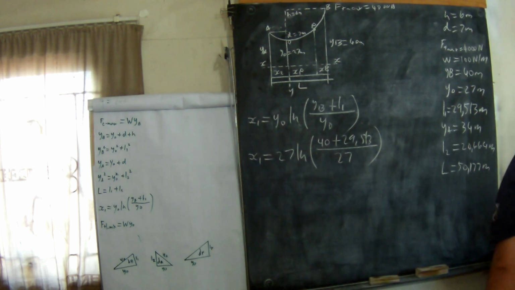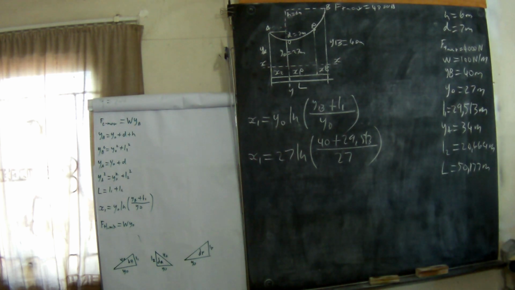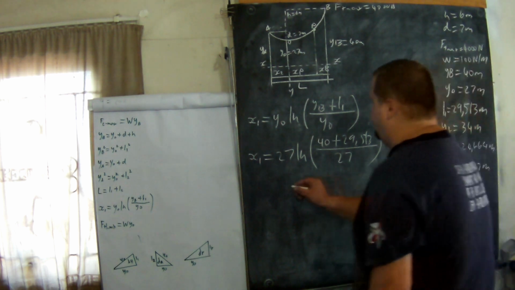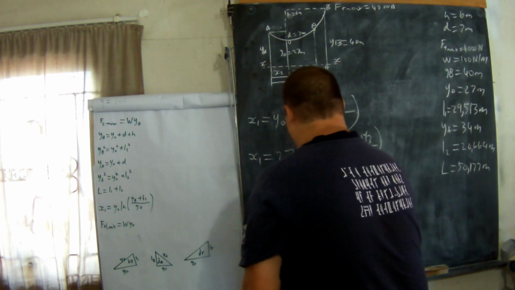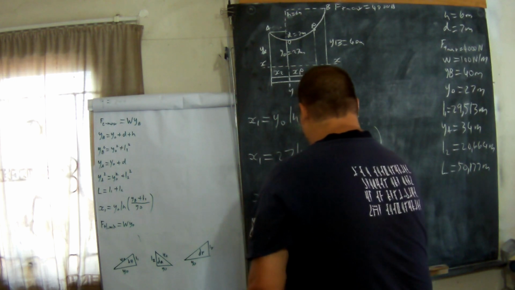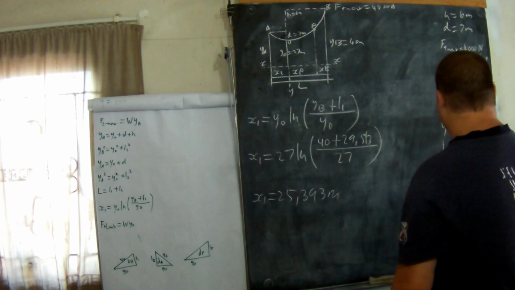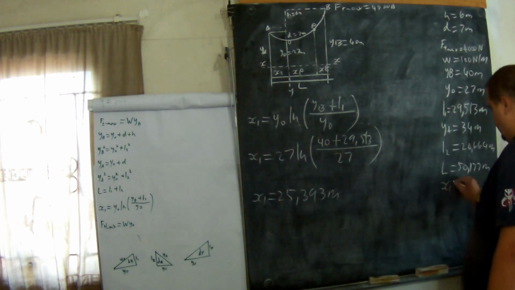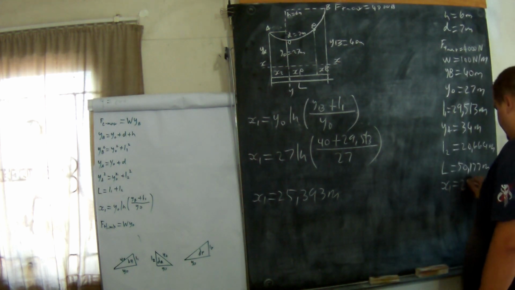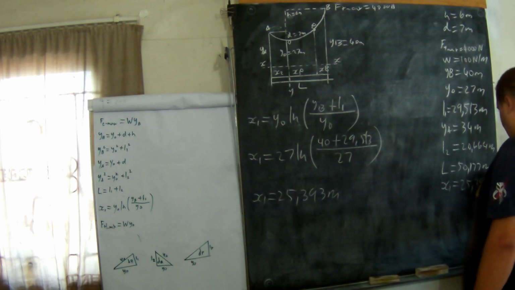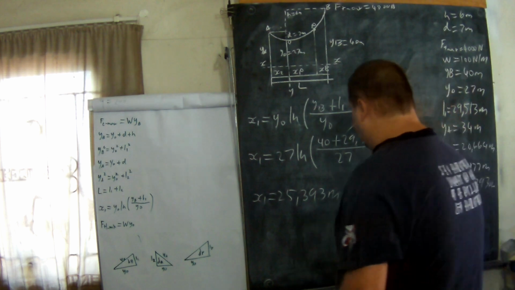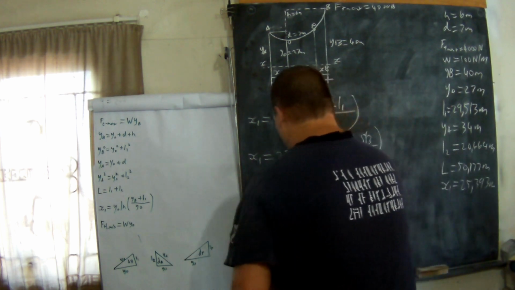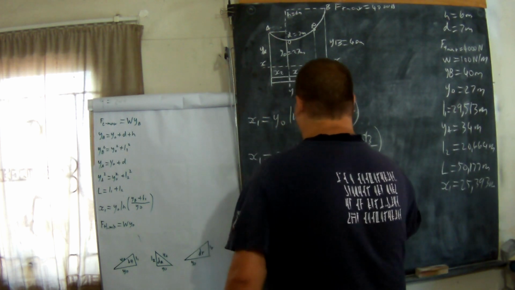Now you just put that in your calculator and you have x1 equals 25,393 meters. x1 is 25,393 meters. That's x1.